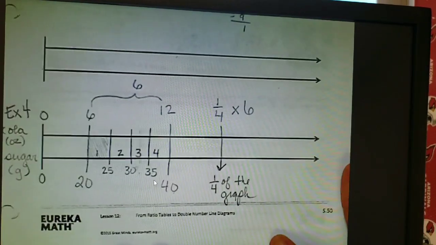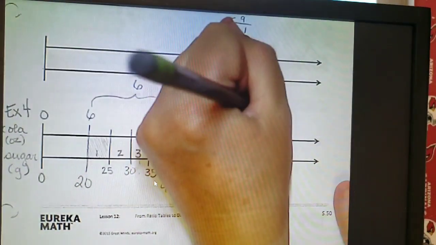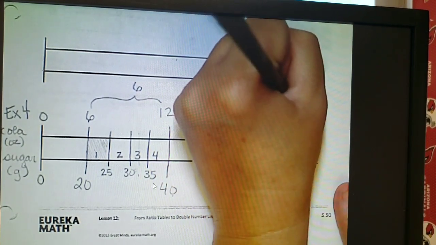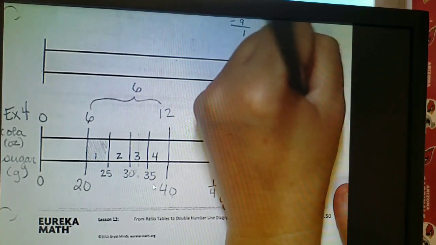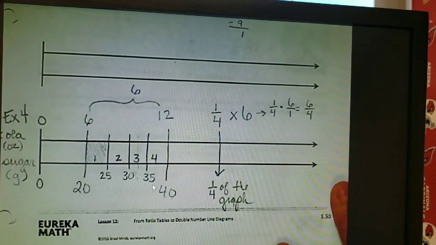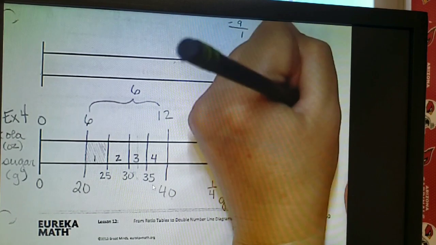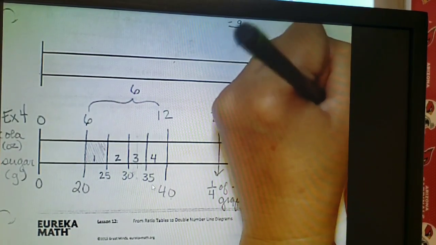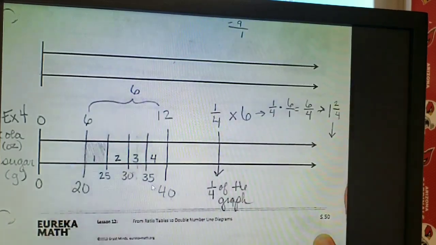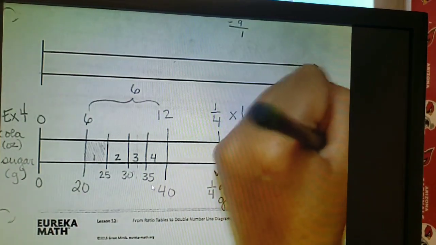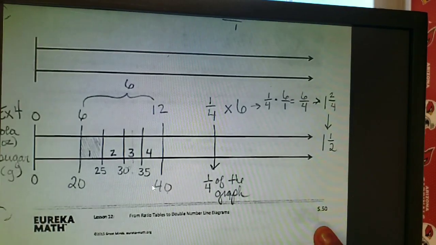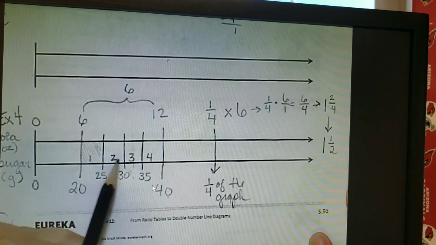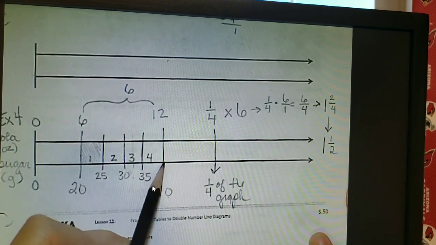We don't multiply those fractions times whole numbers. So it's 1/4 times 6 over 1, which is 6 over 4, which is the same as 1 and 2/4, but we always reduce, and we get 1 and 1/2. So we know that each section is going to equal 1 and 1/2.